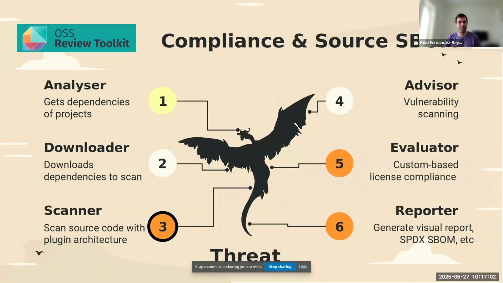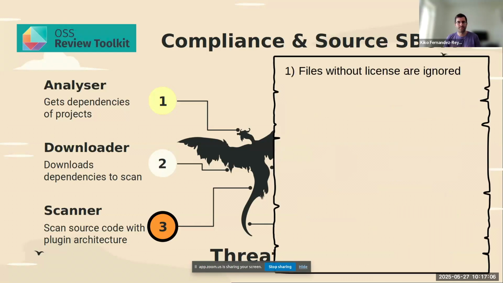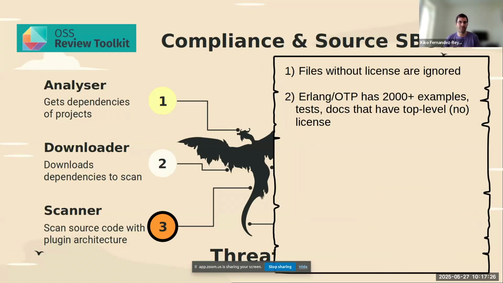What kind of issues did we find in the scanner? Well, in the scanner by default, files without a license were ignored. And that's maybe a good default behavior. In our case, Erlang was created in 1985, and now we're in 2025. So it's been 40 years, right?